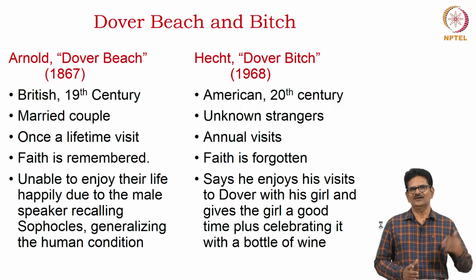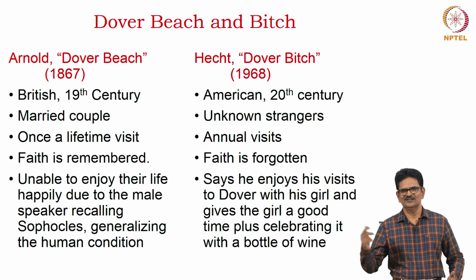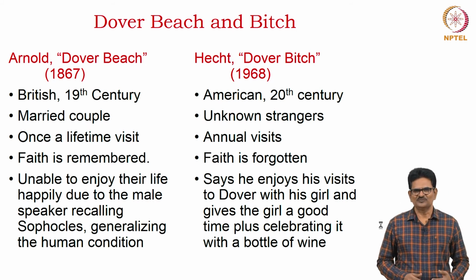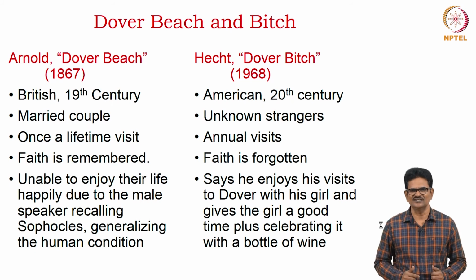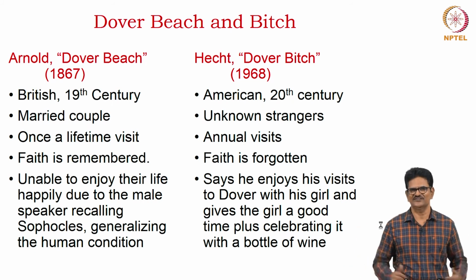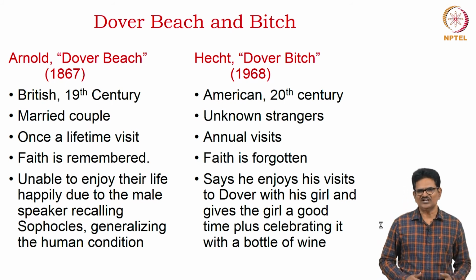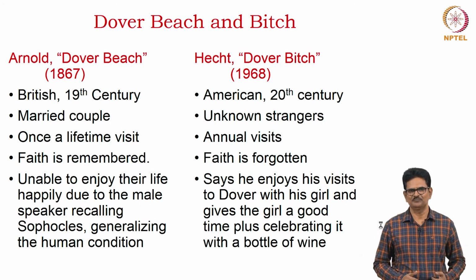Let us compare Dover Beach by Arnold with Dover Beach by Anthony Hecht. Arnold's poem was published in 1867 and Hecht's poem was published in 1968, almost 100 years difference. Arnold was a British poet living in the 19th century and Hecht was an American poet living in the 20th century.